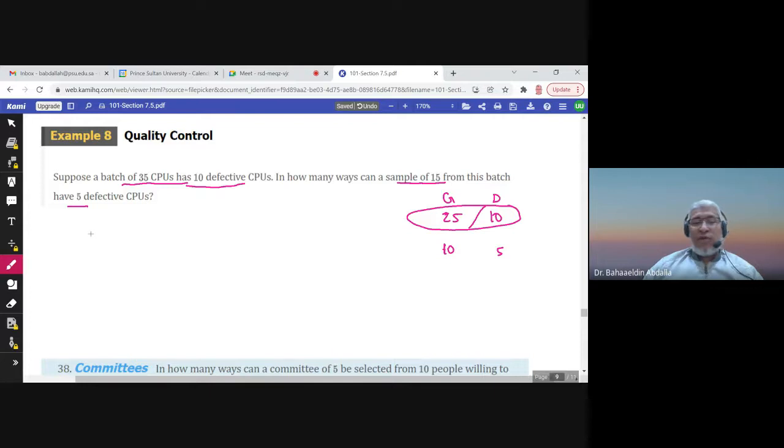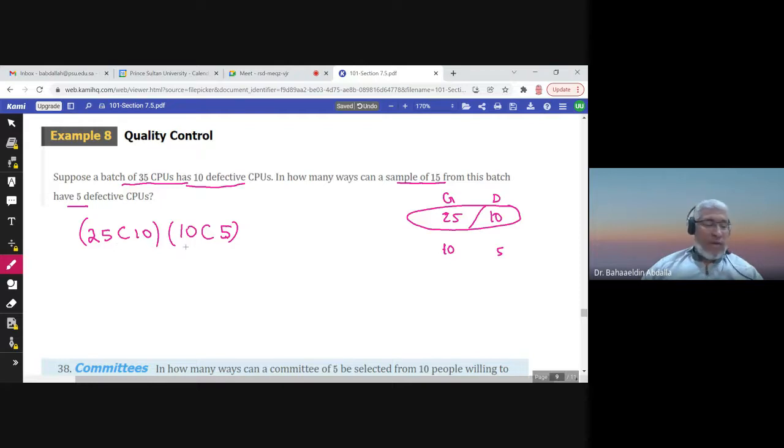So using the fundamental counting principle, from the good, I select 10. This is the number of ways of selecting 10 out of 25 times from the defectives, I am going to select 5.